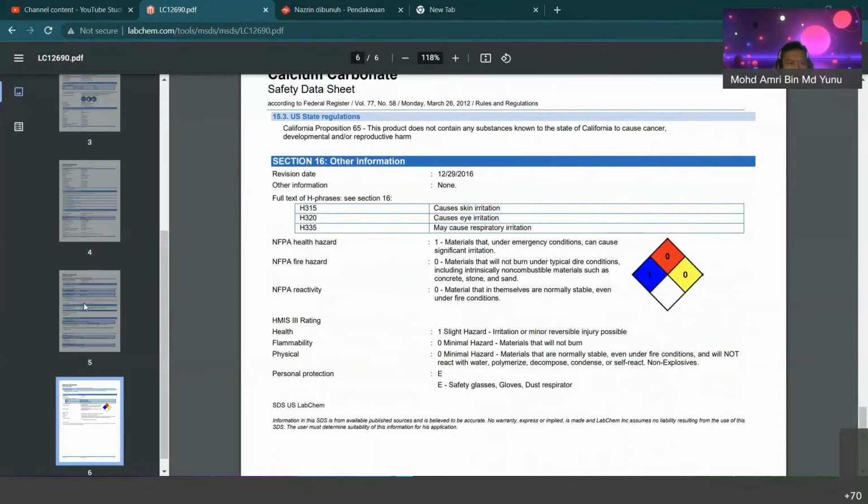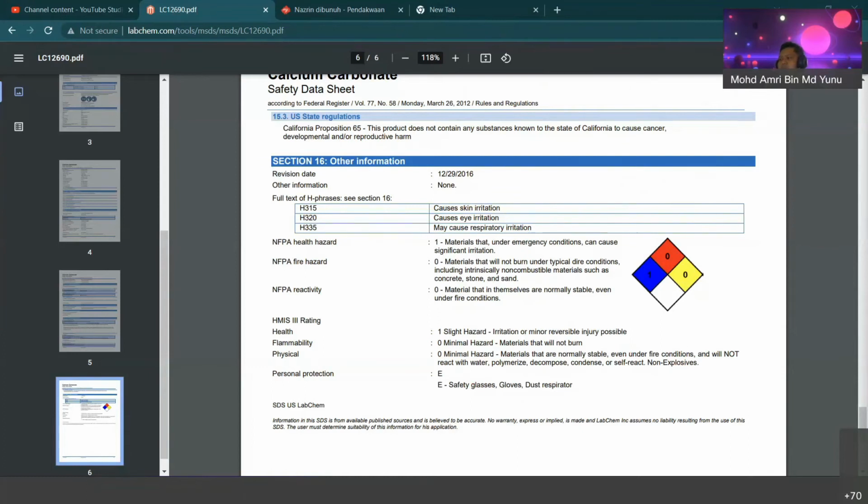Okay, what is SDS? I explained it in detail. Material safety data sheet. So at least there are 13 items or 13 descriptions. It can be more. And this is an important measure that you must know.